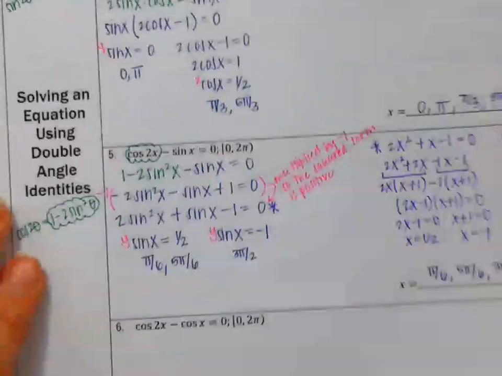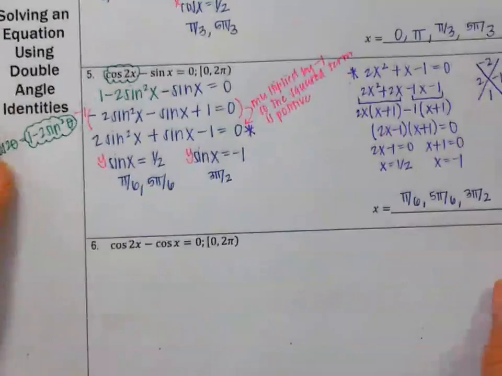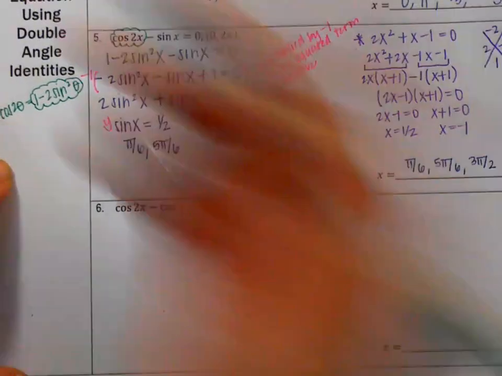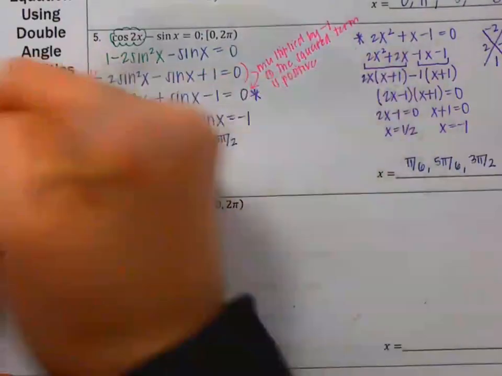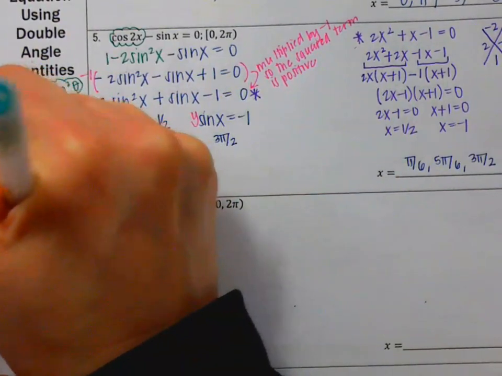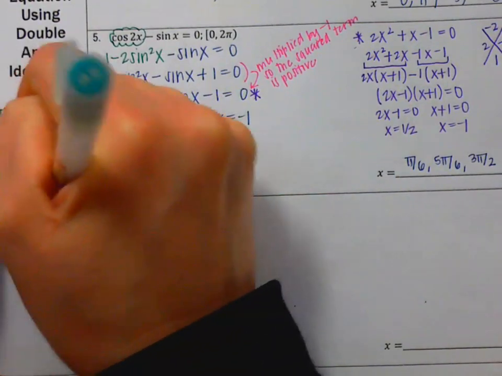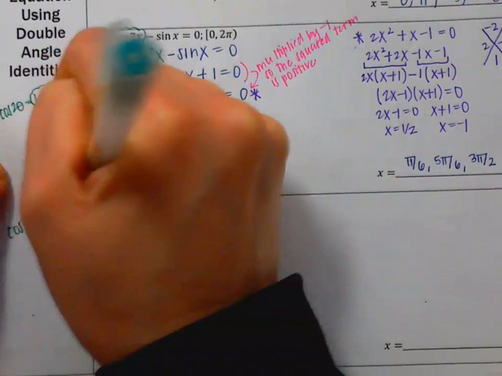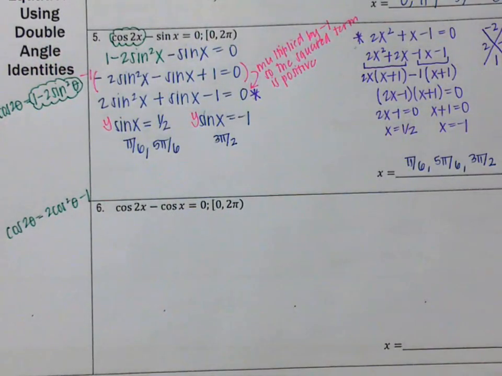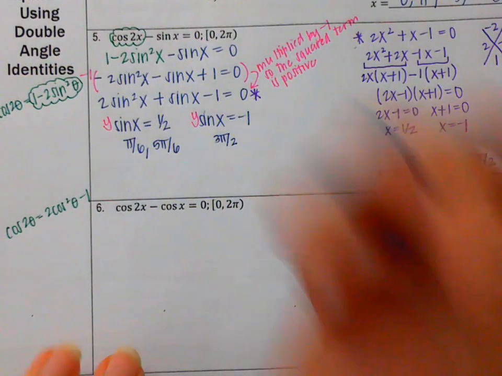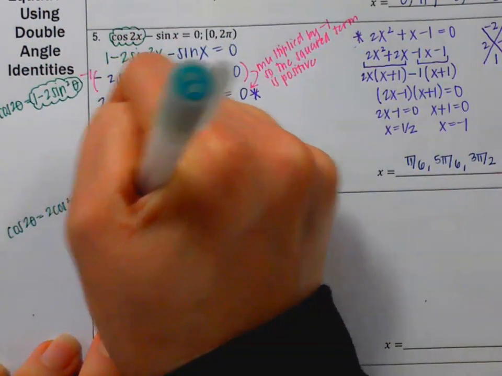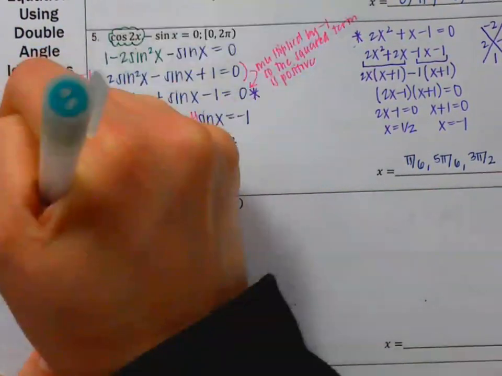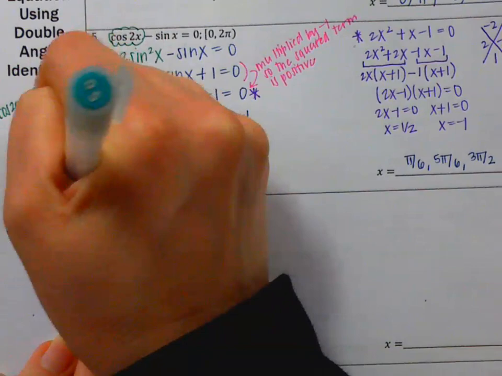Okay, so let's get that up there for you. So we have cosine 2 theta equals 2 cosine squared theta minus 1. So I'm going to replace cosine 2x with this part here.